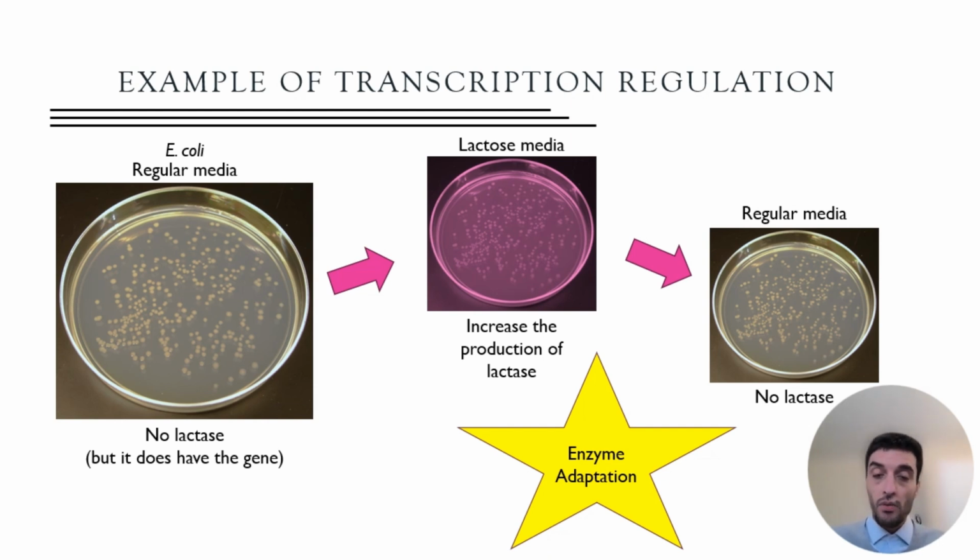Because of this, it's going to have what we call an enzyme adaptation, where instead of continuing to produce that same group of enzymes that would digest glucose, now it shifts to produce a lot of enzymes that are going to digest lactose to use as a form of sugar.